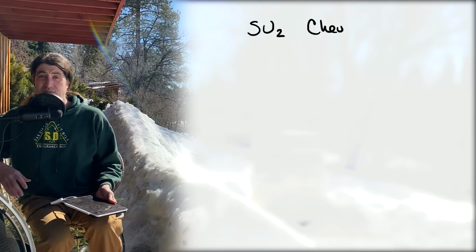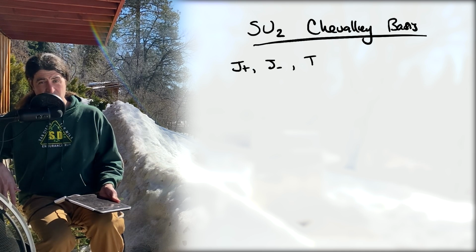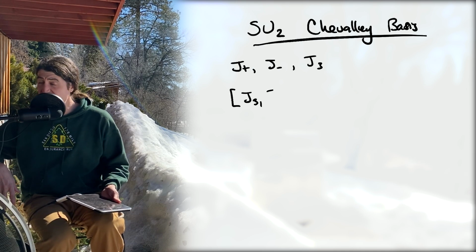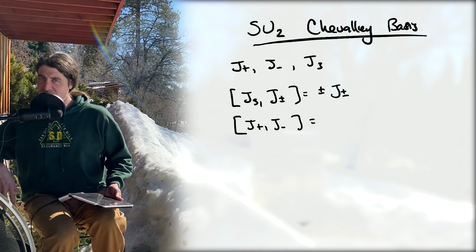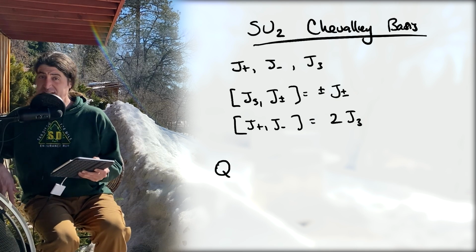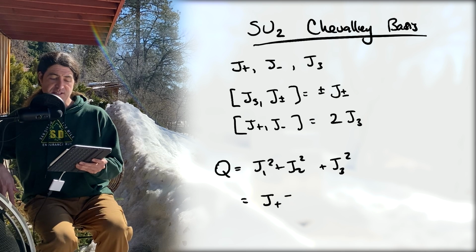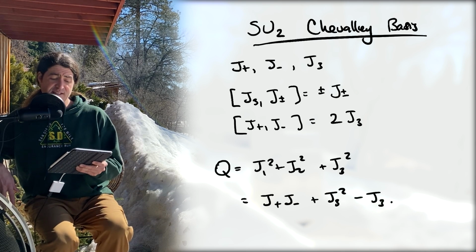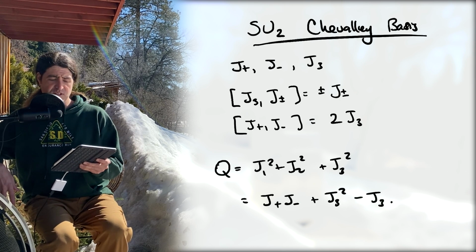So let's recall our Chevalley basis for SU2, given in terms of j plus or minus and j3, where the commutation relations of j3 with j plus or minus are plus or minus j plus or minus, and j plus with j minus gives you twice j3. You might also recall the quadratic Casimir operator Q, which we used to help us define the irreducible representations, and that is given by j plus j minus minus j plus j3 squared minus j3.